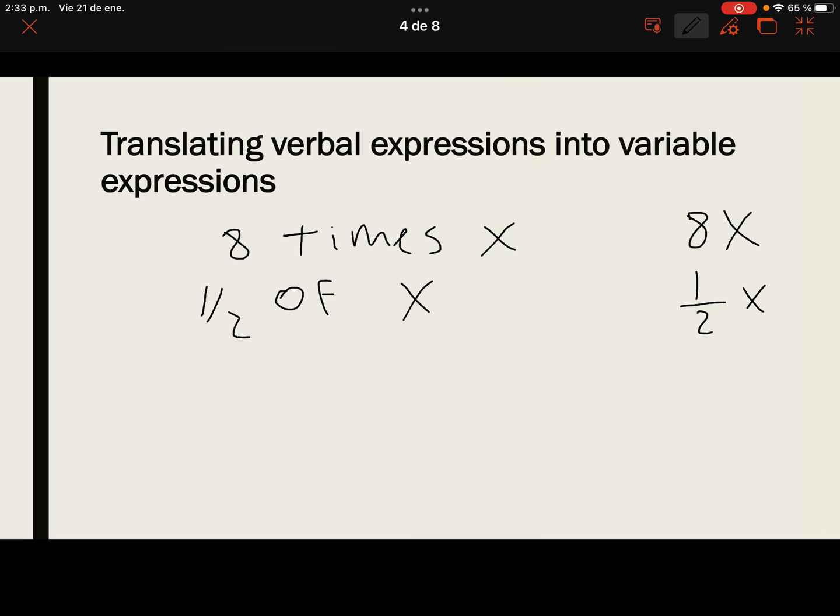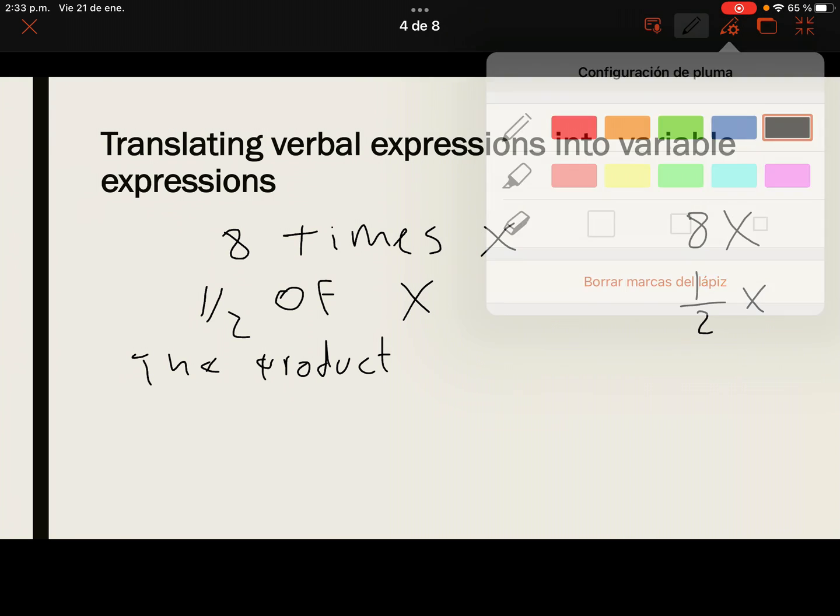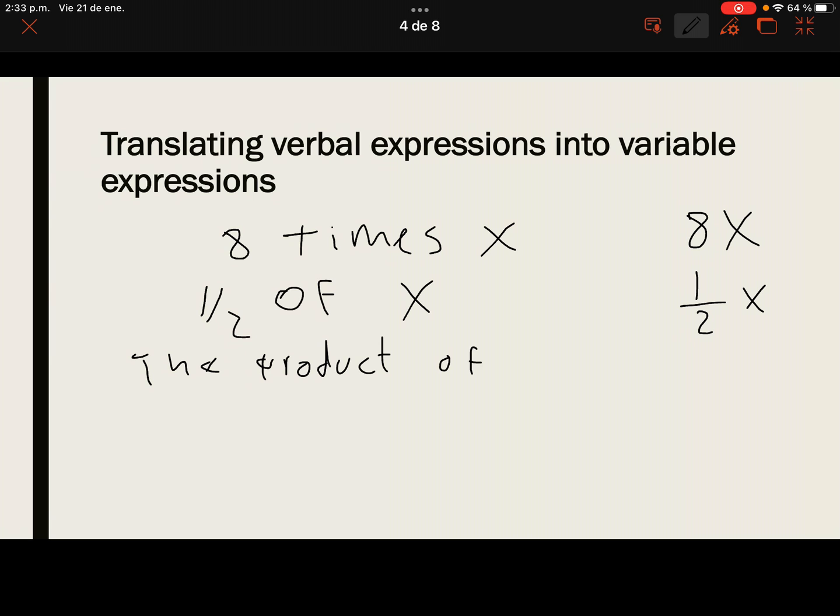Next one is "the product of." For example, the product of x and y means x times y.